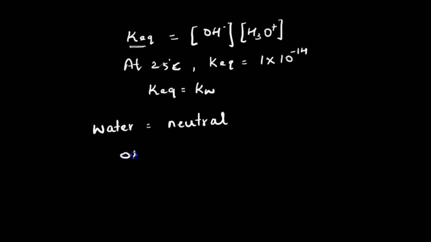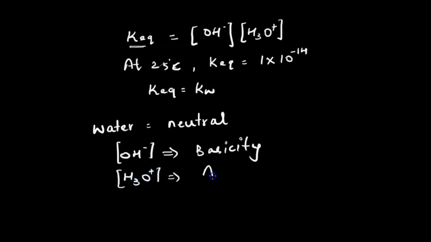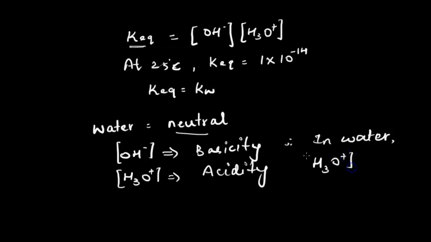The OH negative ion concentration is the one that decides the basic content or basicity of a substance, and the H3O positive ion decides the acidity of a substance. Because water is neutral, in water the concentration of H3O positive ions and the concentration of OH negative ions are equal.